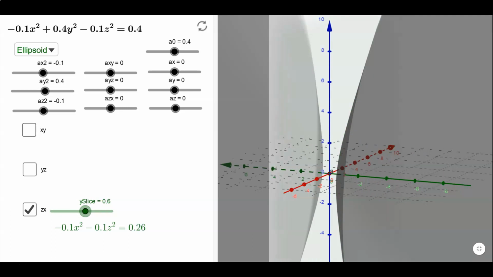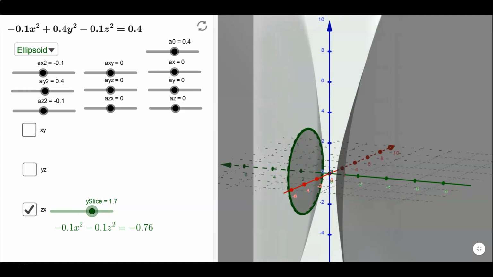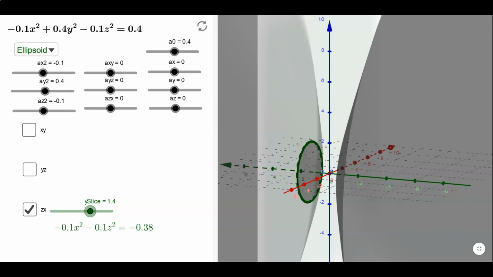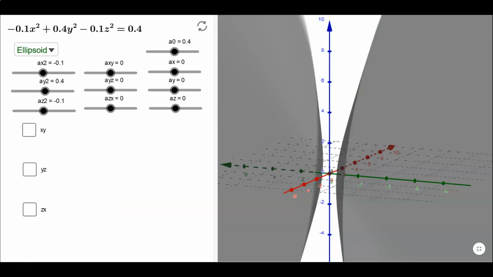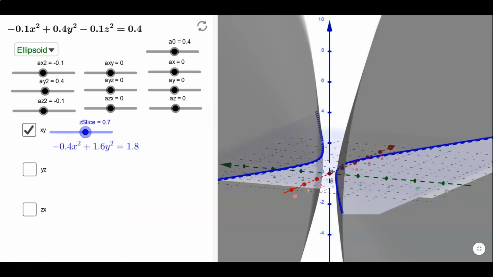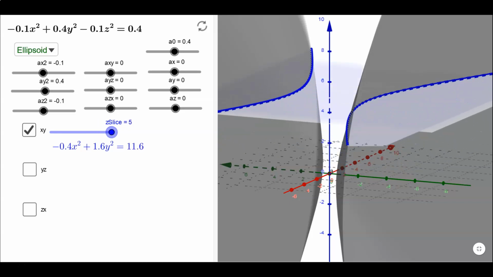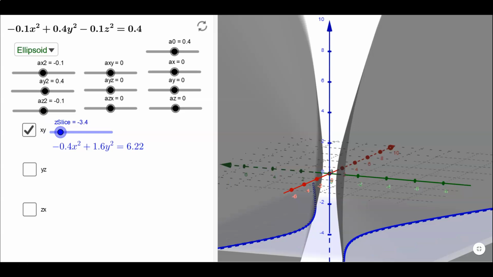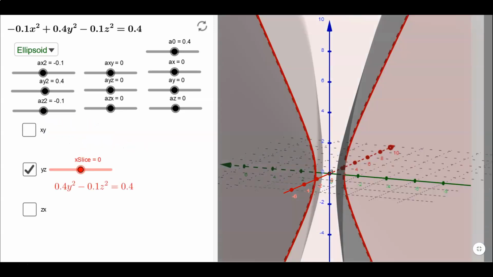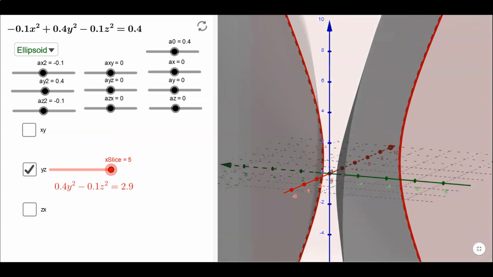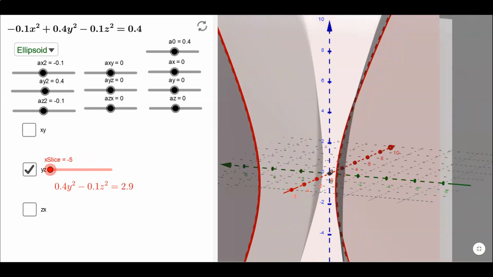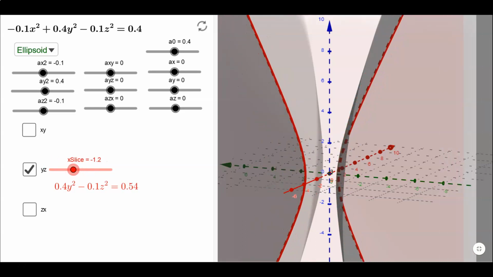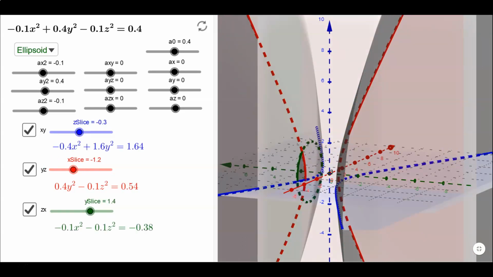And then when I get over to y equals 1, I get the ellipses getting bigger and bigger in that direction. And you can see the hyperbolas going up and down, like this. And then the other hyperbolas in the other direction, going this way. Okay, so if we put all 3 of these on here, now you can really get a feel for what's going on.